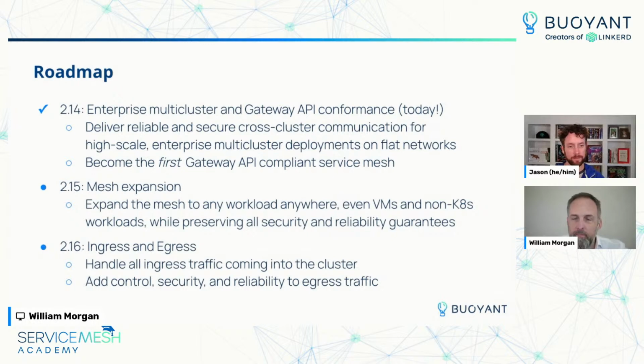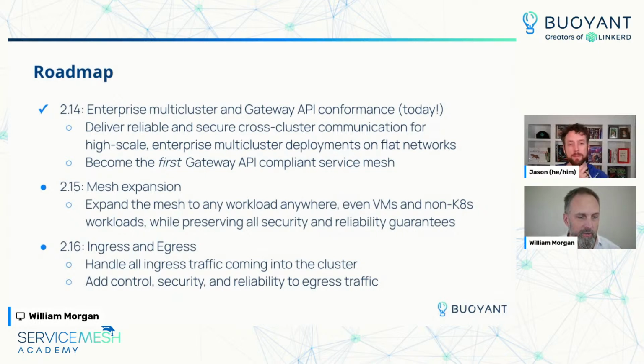If you're not, just know that with the CRDs and configuration we're adopting in Linkerd, we're trying to be as standard as possible, and we're converging towards the Gateway API, which will allow you, in the fullness of time, to configure not just your service mesh, but also your ingress solution with one set of CRDs that are already on your cluster. So we don't have to introduce a bunch of new CRDs.